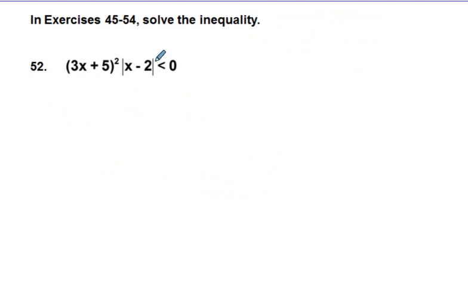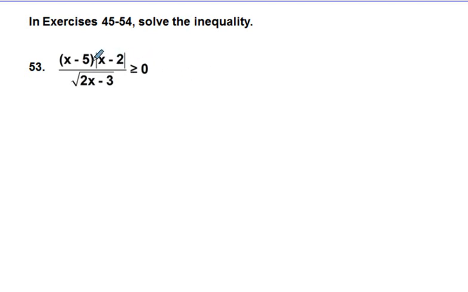Okay, and now we have problem 53. We have this rational expression here. We have quantity x minus 5 times the absolute value of quantity x minus 2 over the square root of quantity 2x minus 3. And so for our numerator, we can set that numerator equal to 0.